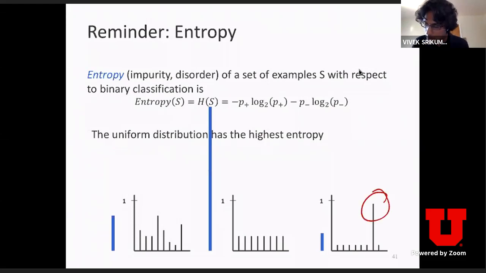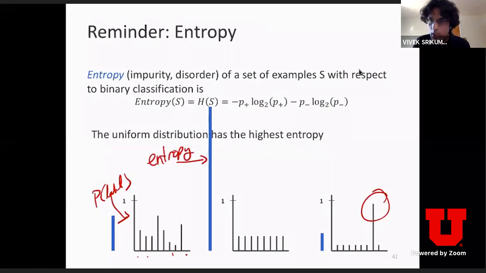By the way, in these pictures, these are the labels, and this is the probability of labels. And the blue bar is the entropy. So the uniform distribution characterizes the situation where we don't know which of these things is happening because all of them are equally likely.